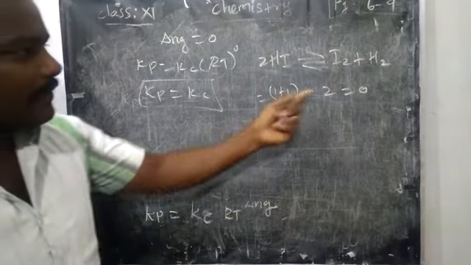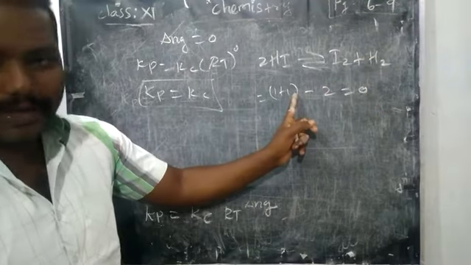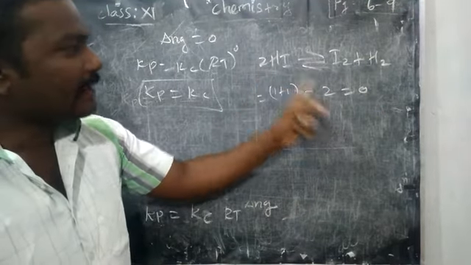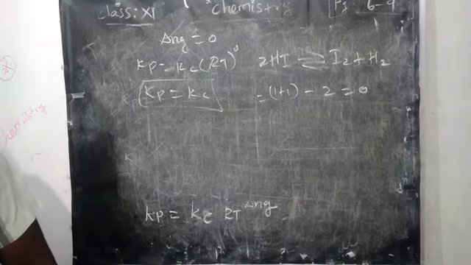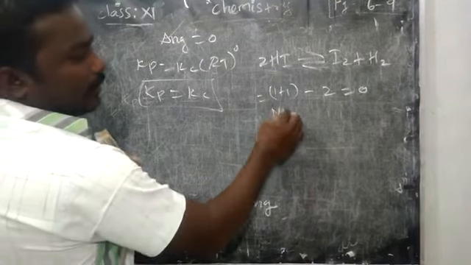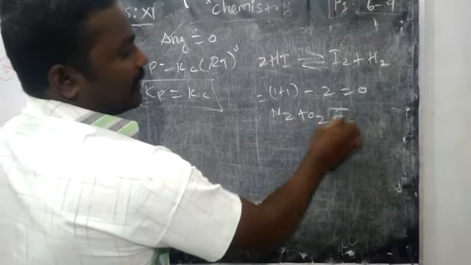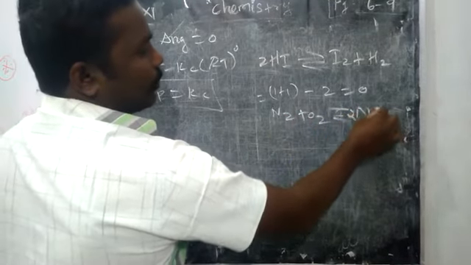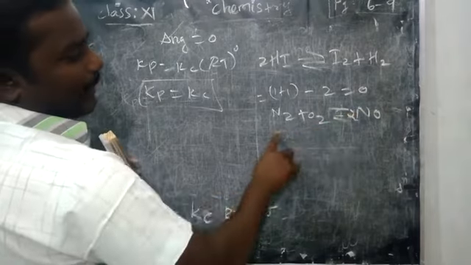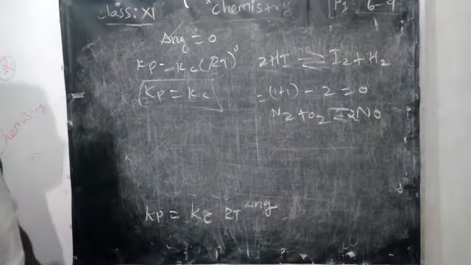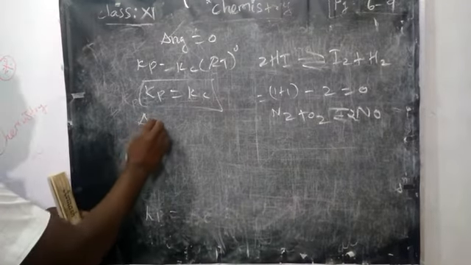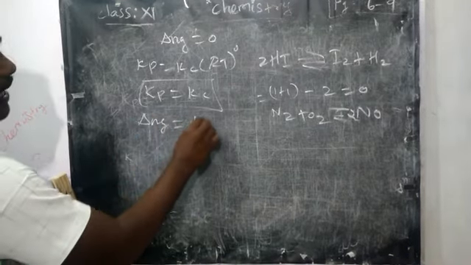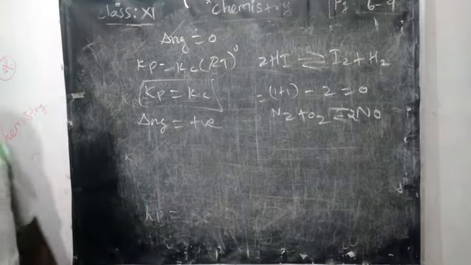How did I write? 1 plus 1 is the product coefficients, minus the reactant, only one reactant, 2. Next, another example: N2 plus O2 gives 2NO. Same: 2 minus 1 plus 1, delta ng is 0. Right. You may have a doubt: suppose delta ng is positive, what will happen?